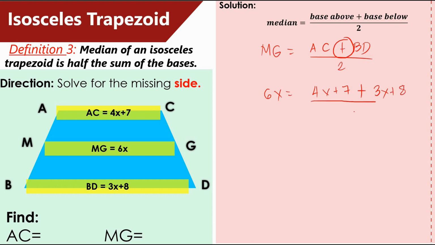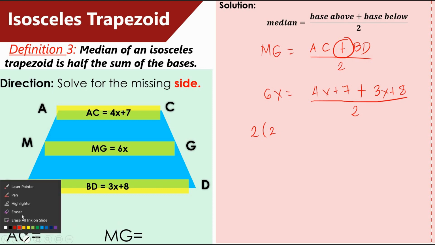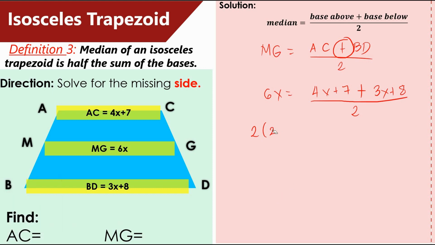All over 2. For the next step, we need to eliminate 2 from the equation by cross multiplication. So that will mean 2 will be written here, and then copy the rest. Sorry for this part.